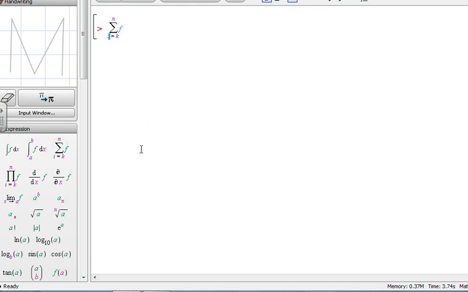We want the summation of i equals 1 to 10 of, this is 7? 3 raised to the i divided by i times 2 raised to the i.